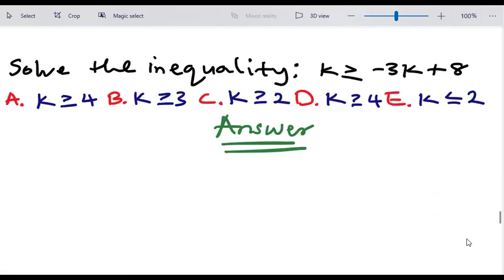So the question says, solve the inequality. The inequality is k greater than or equal to minus 3k plus 8. So you must pay attention to this. This is greater than or equal to.